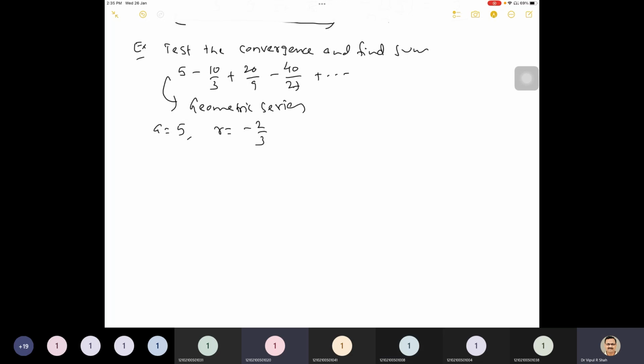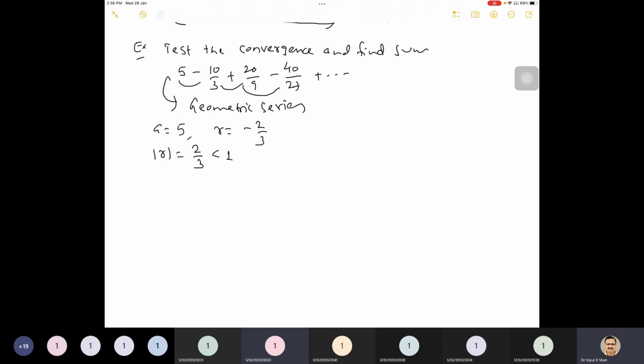If you multiply by minus 2 by 3, you will get this. Multiply by minus 2 by 3 again, you will get plus sign because minus sign was already there. So R is minus 2 by 3. What about modulus R? 2 by 3. Is it less than 1 or greater than 1? Less than 1.